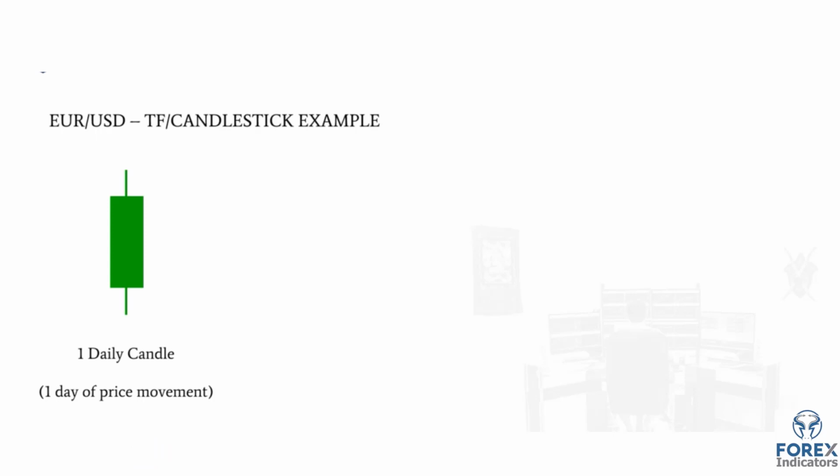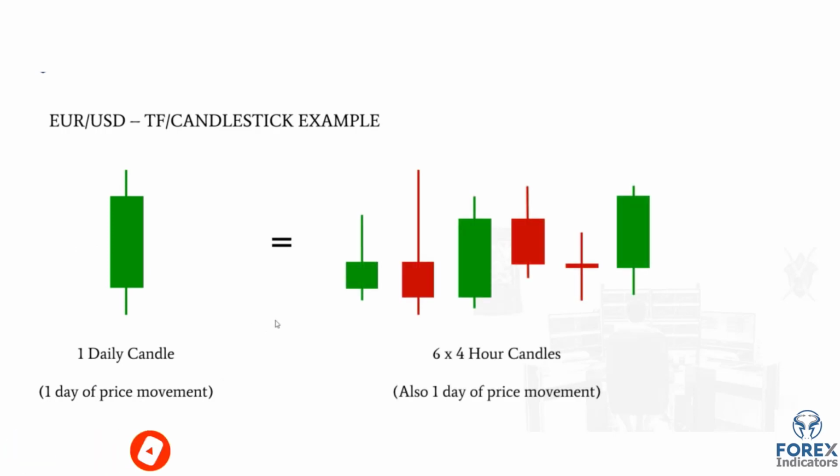So if you look here to the left, you have one daily candle, and how it forms we've already discussed. This daily candle, which is 1 day of price movement, can be broken down into 6 4-hour candles, which also represent 1 day of price movement. So all of these 6 4-hour candles formed this daily candle.